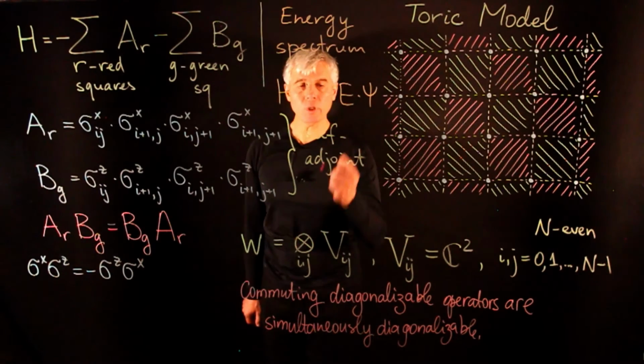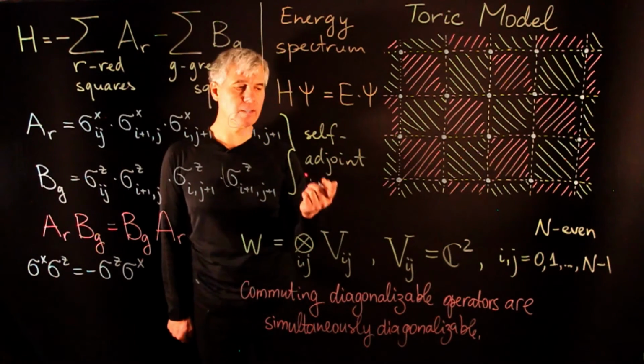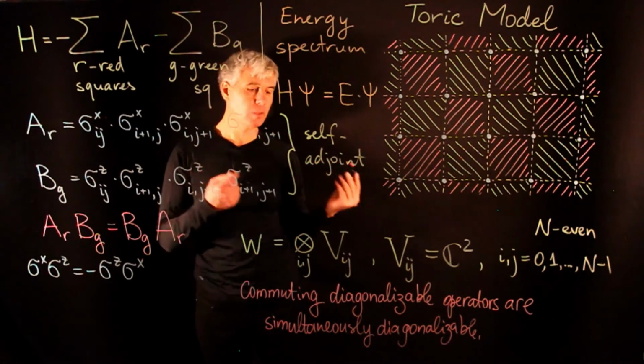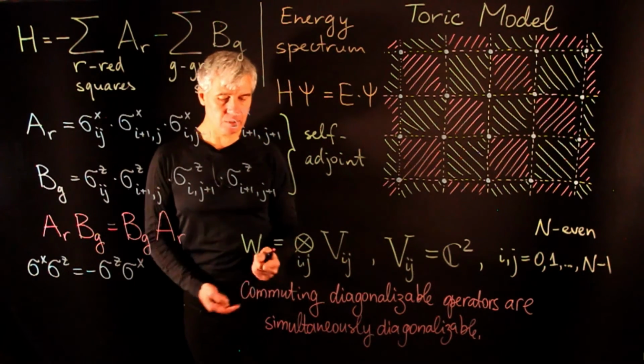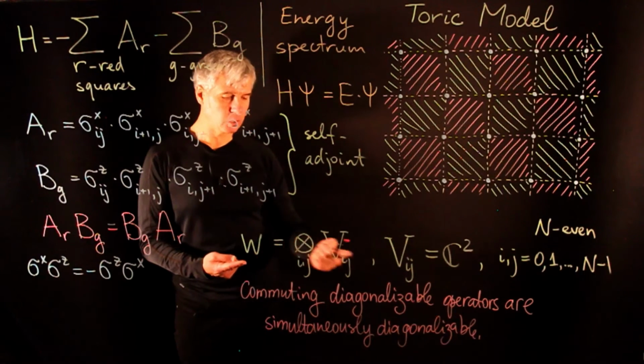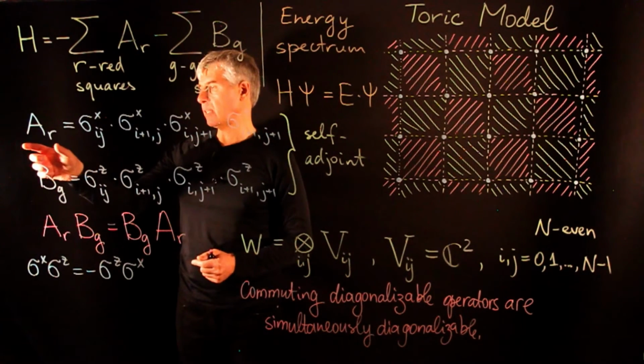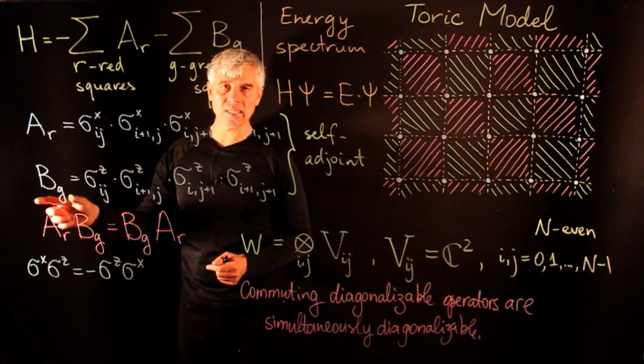And self-adjoint operators are, of course, diagonalizable. So this means that we have a basis of the space W of this huge tensor product, where each operator AR and BG is diagonalizable.